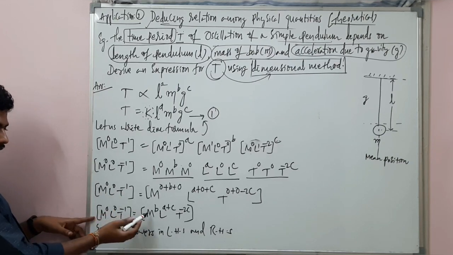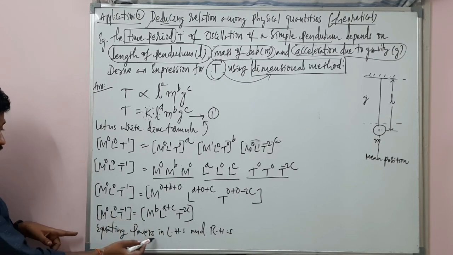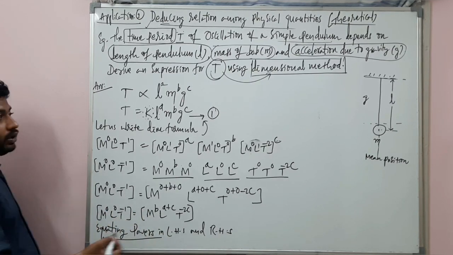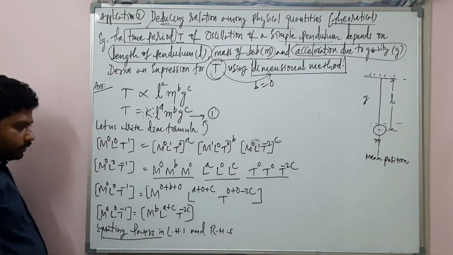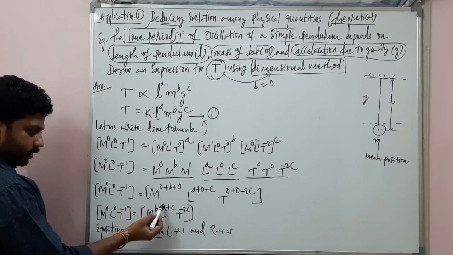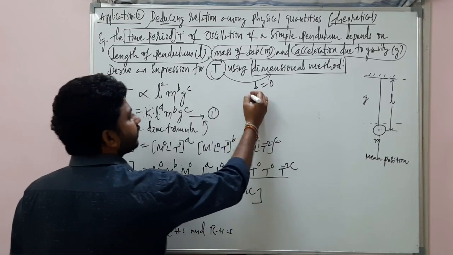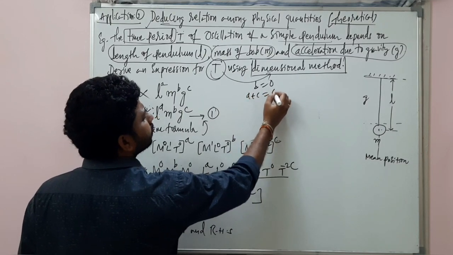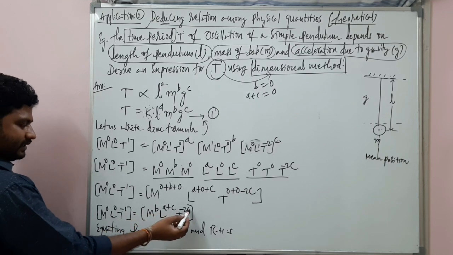M raised to 0 on the left and M raised to B on the right, so B is equal to 0. Powers need to be equated, right? So B is equal to 0. And here L raised to 0 and L raised to A plus C, so A plus C is equal to 0.